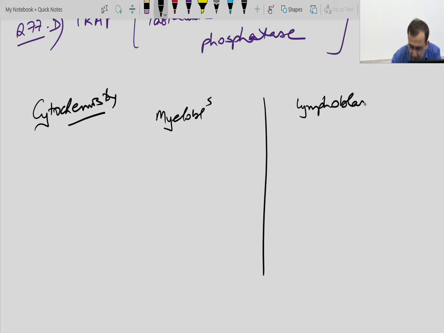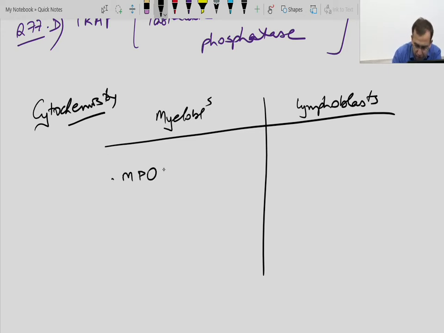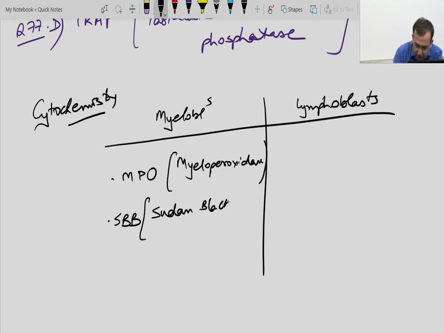Myeloblasts are MPO, that is myeloperoxidase, and Sudan black B positive, versus lymphoblasts, which are periodic acid Schiff, PAS positive.